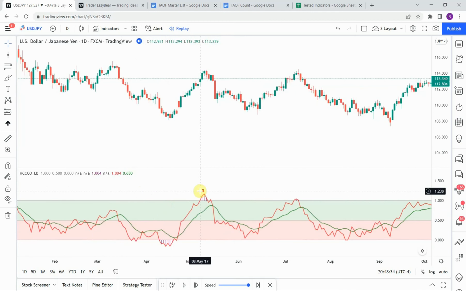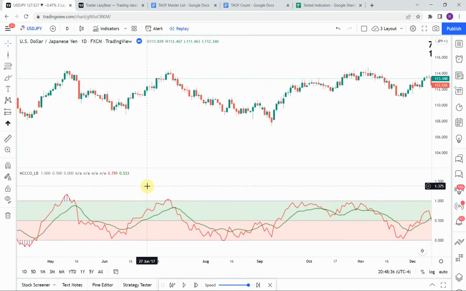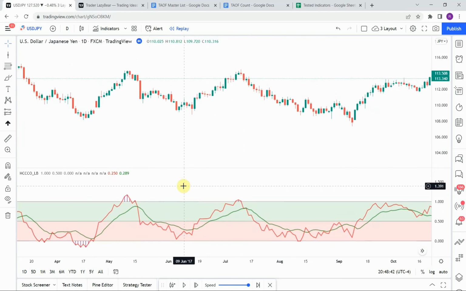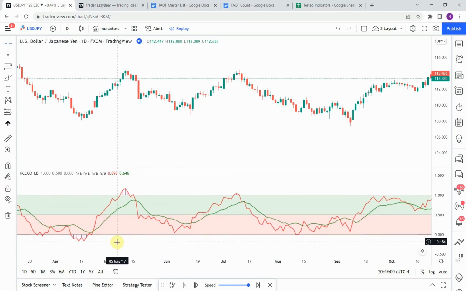So those of you who have already watched it, let's go ahead and move forward to how we are going to test it on this one. Like I said, I figured we would test it one more way that kind of caught my eye, just stood out a little bit. Not sure if it's going to do any better, but figured again it was worth a shot. So what we're going to do is look for that red line to go into the overbought or oversold area, same as before, so above the green zone or below the red zone.